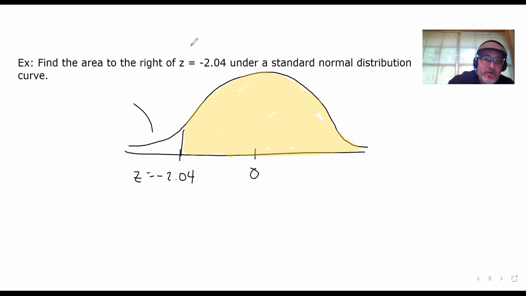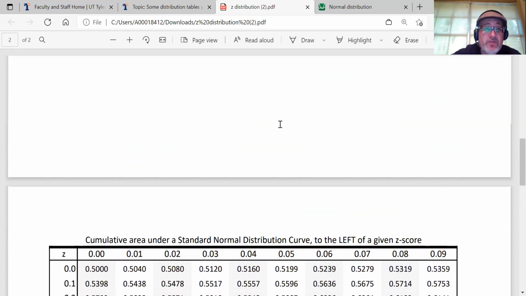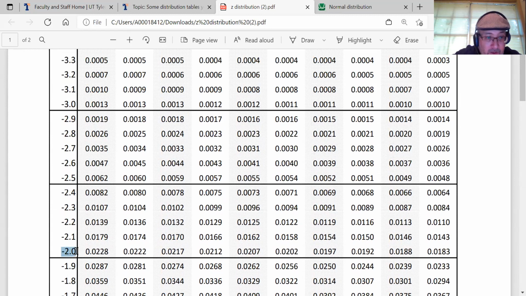Let's look up this left area by going right to the z chart for negative 2.04. Oh, by the way, I will provide the z chart on all of your tests as necessary. Negative 2.04. So we go to the negative 2.0 row, which is here. And then we go under the 0.04 column.